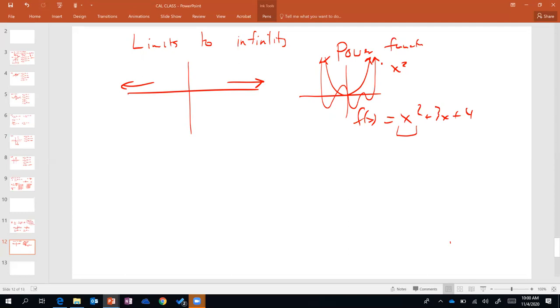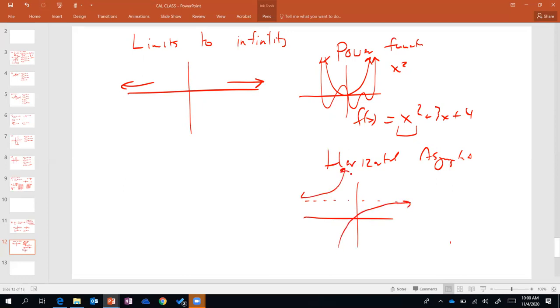We're good? And then horizontal asymptotes were the other stuff that used to happen here. So if you had something that looks like this, a function, I think you remember these kinds of functions. Rational functions, maybe from Algebra 1 even. Okay, so this function is a rational function.